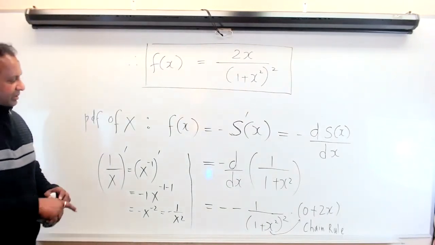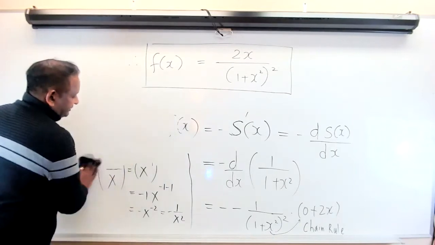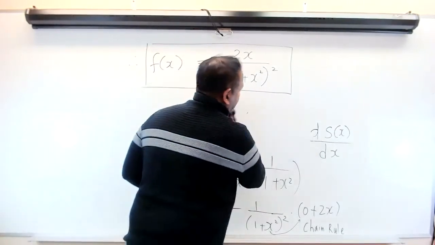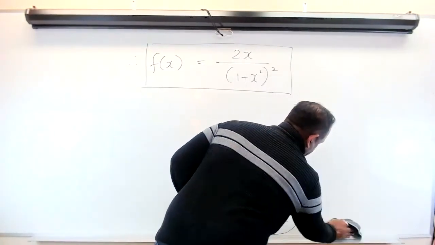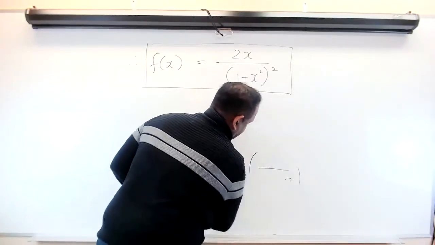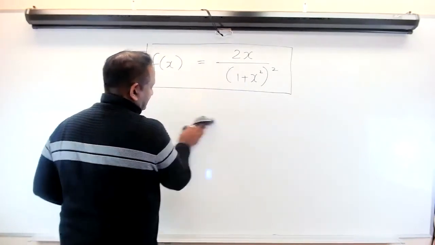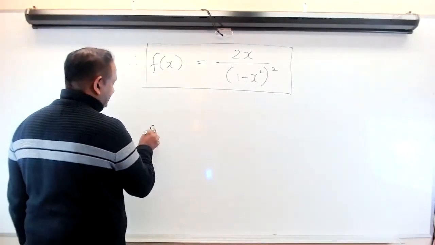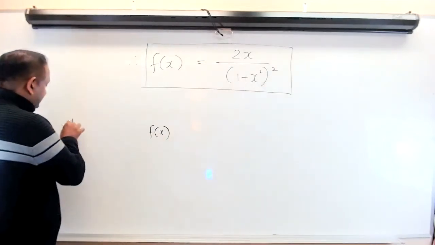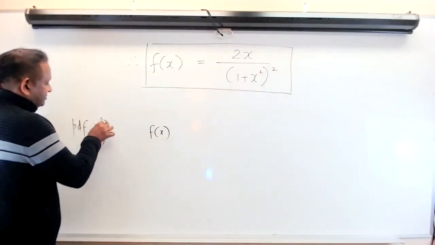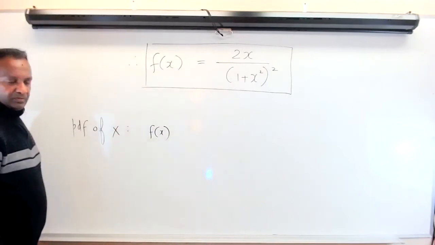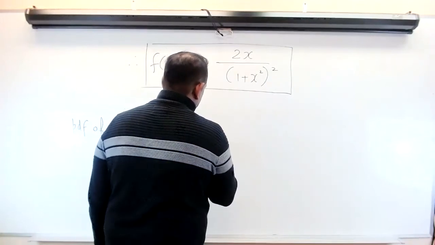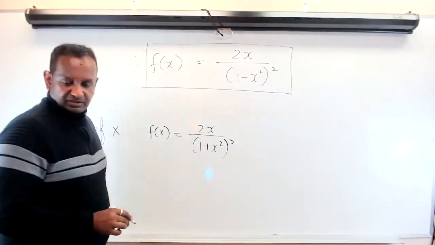Okay, and I'm going to continue this part for you to see the final result very clearly. So if we summarize what we did over here, we know f of x, the probability density function, which is 2x over (1 plus x squared) squared.